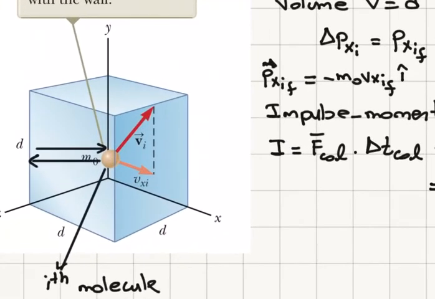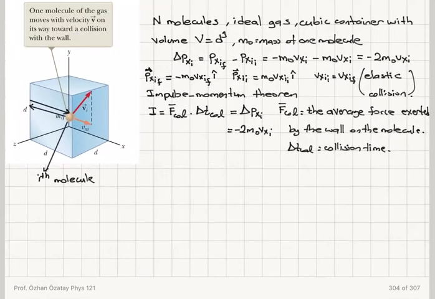Alright, so let me redo this drawing just to make sure that I'm not confusing you. This is on the x-axis, so this molecule is moving to hit this wall, and then it's coming back. I'm looking at the x component of its velocity to hit the same wall again.